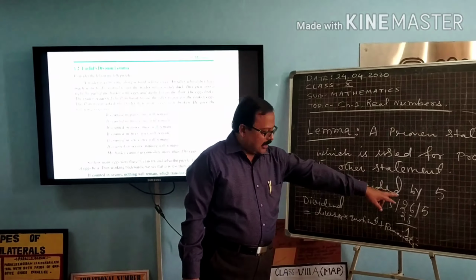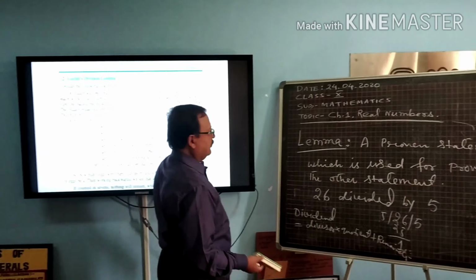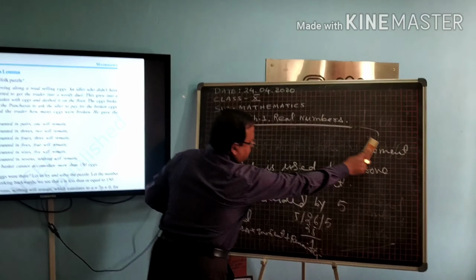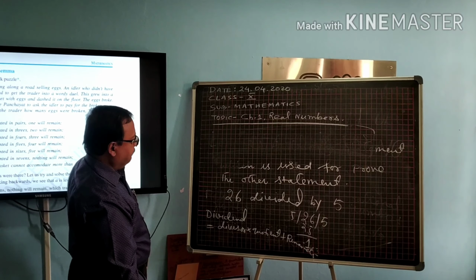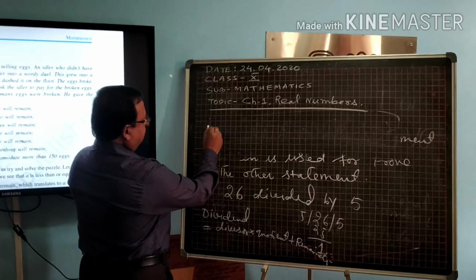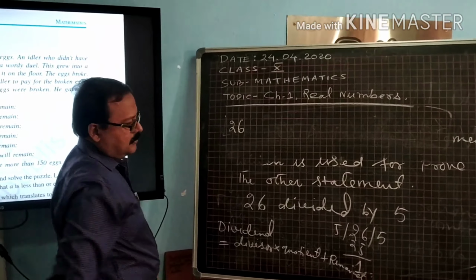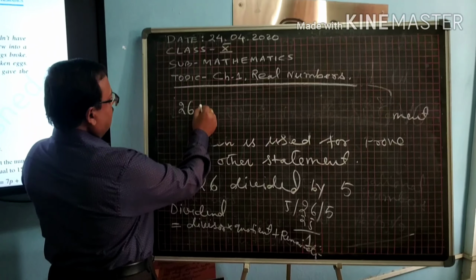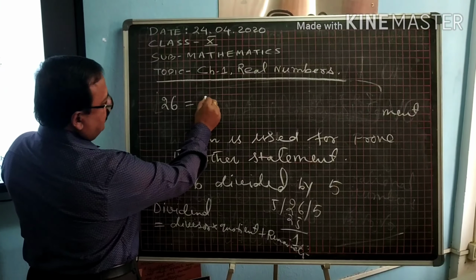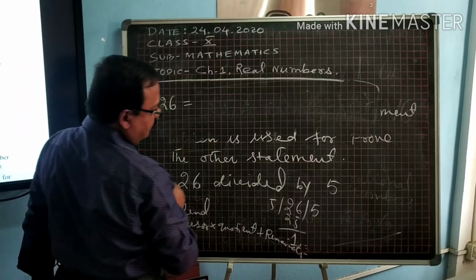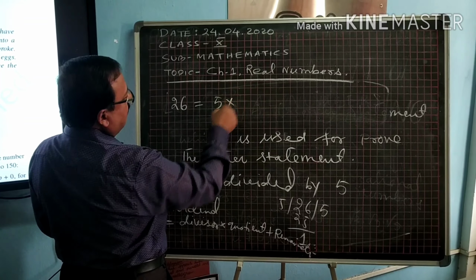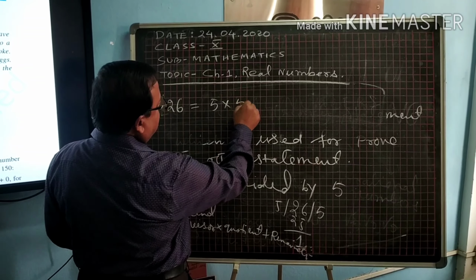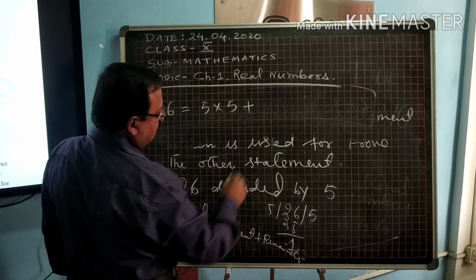Then in this particular case, 26 is the dividend, equal to divisor 5 into quotient 5 plus remainder 1.